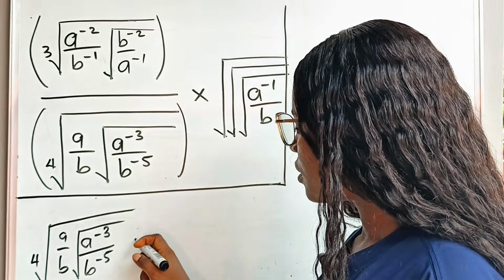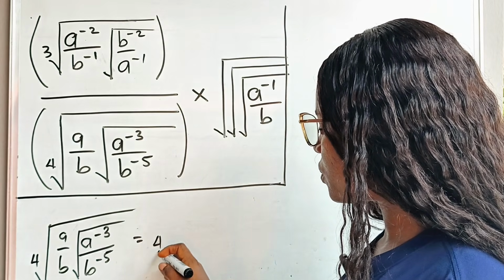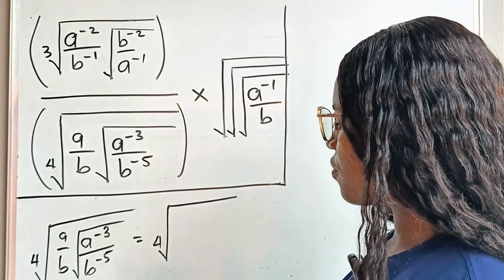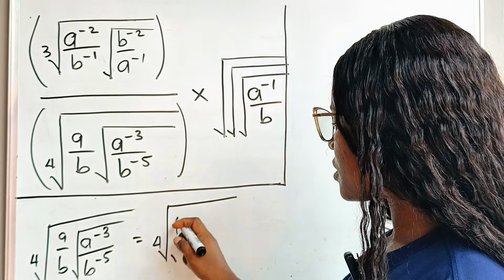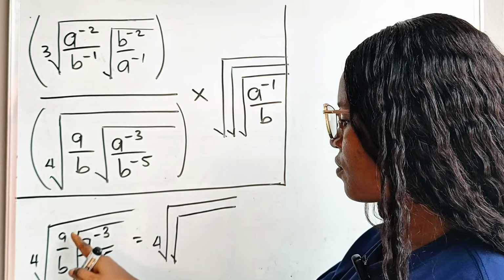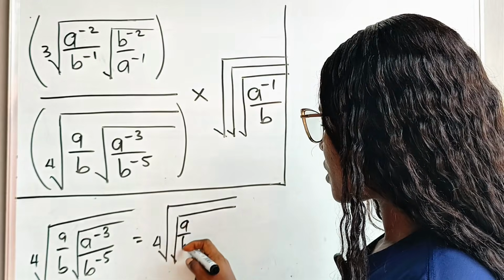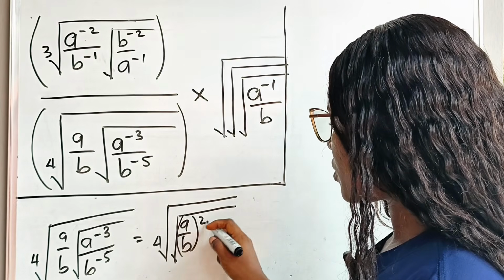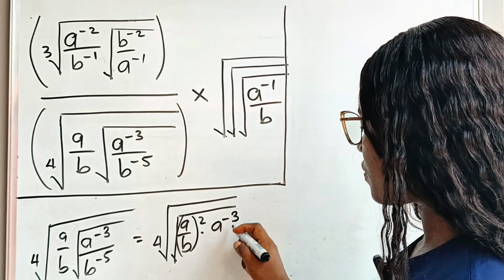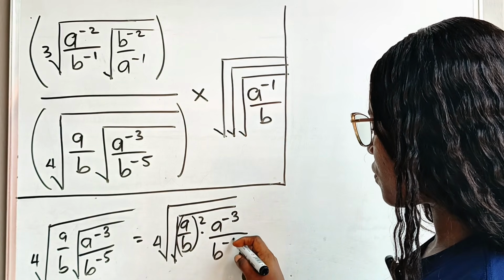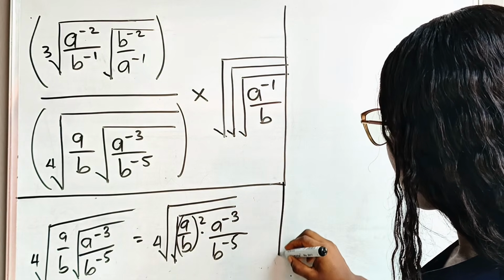Okay? This is also equal to the fourth root of, remember the law we used here, this can be written as the square root of a over b squared multiplied by a to the power of negative 3 divided by b to the power of negative 5. Okay?